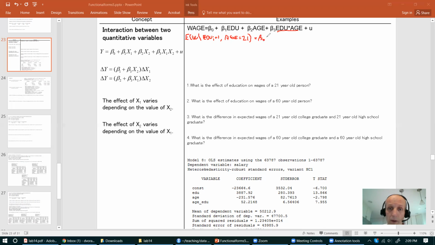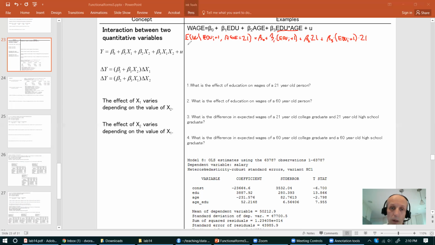Well, it will be beta 0 plus beta 1 times edu i plus 1, plus beta 2 times, what's age? Age is 21, plus beta 3 times, and now we have edu i plus 1 times age, which is 21.